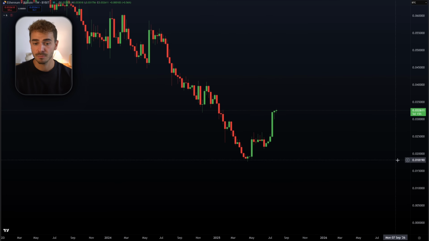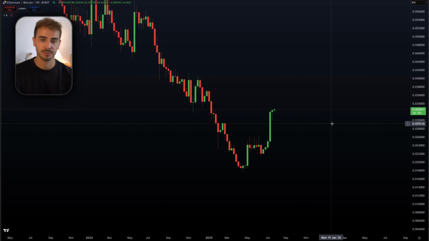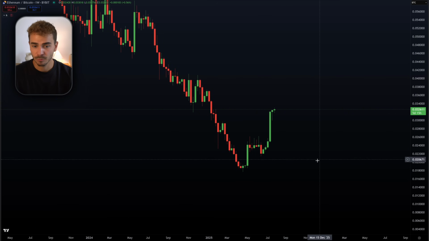So we have a clean market structure shift to the upside. Now, does that mean that I'm trading based off this chart and I'm now longing Ethereum because I can see we've done the first market structure change in a long time? Absolutely not. I would never trade this chart without looking at the ETH against USD or USDT.